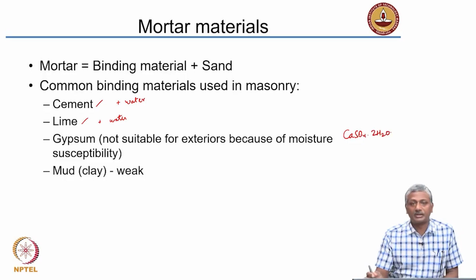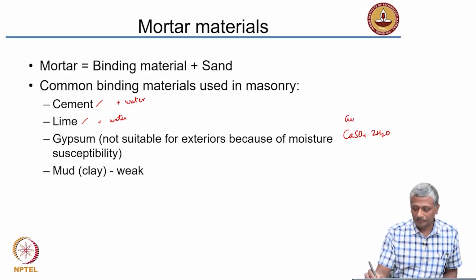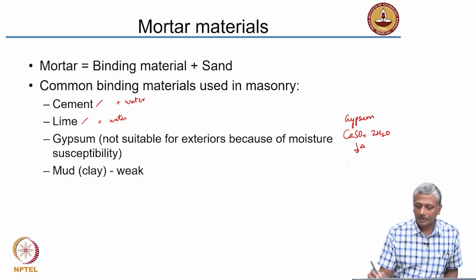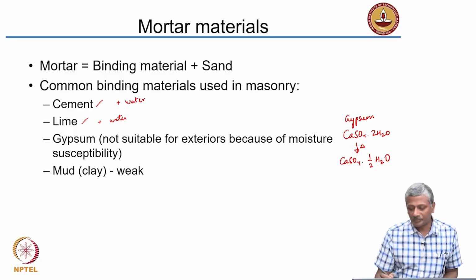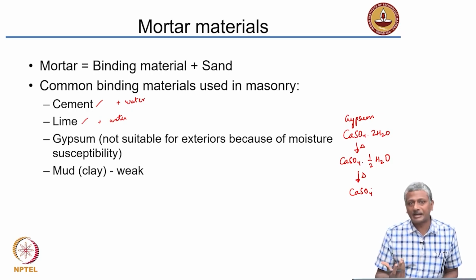Two molecules of water are attached in the structure of gypsum. When you take this and heat it, you get your hemihydrate, that is calcium sulfate half H2O, which is hemihydrate. And you further heat it, you get dry calcium sulfate, or anhydrite. Anhydrous calcium sulfate or anhydrite.